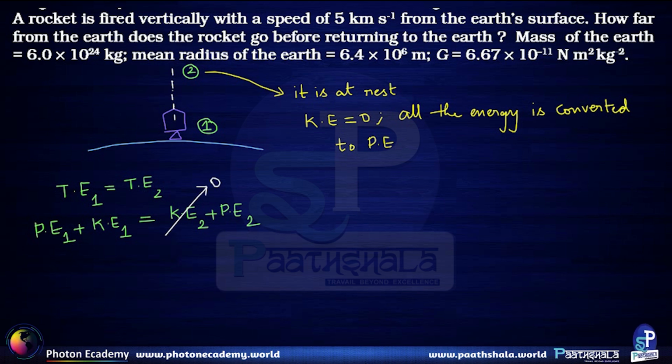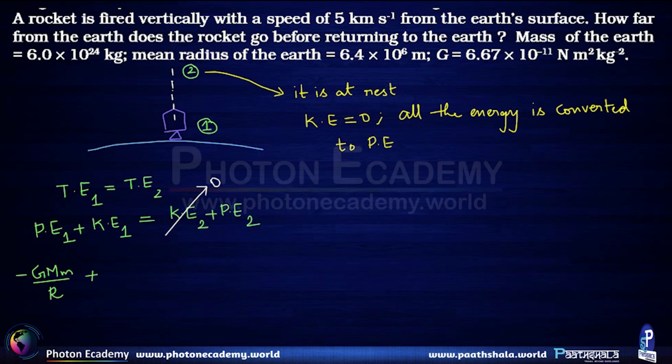At state 1, the potential energy is given by minus GMm by R, where R is the radius of Earth, plus kinetic energy, which is half m v naught squared, where v naught is the initial velocity of the rocket.